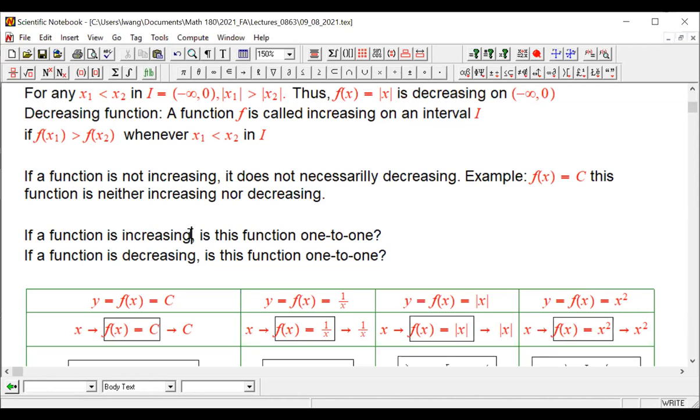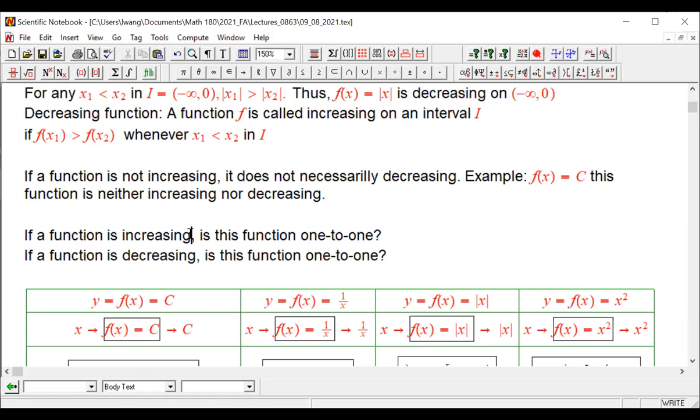Wouldn't it depend on the interval we're looking at? That's right. But suppose you have the same interval and it's increasing. Doesn't mean it's one-to-one. So how do we examine this situation?